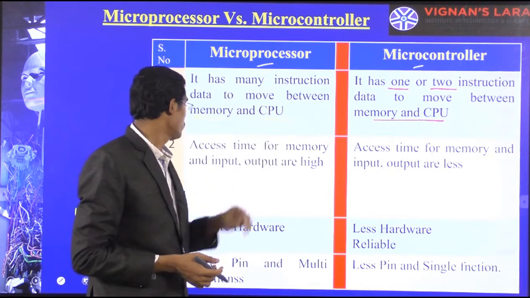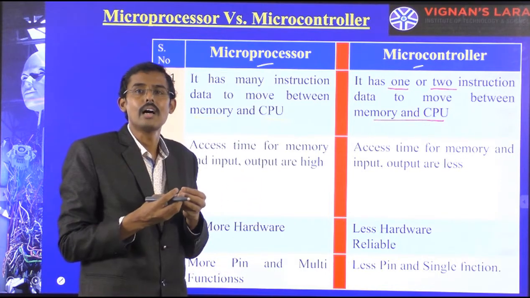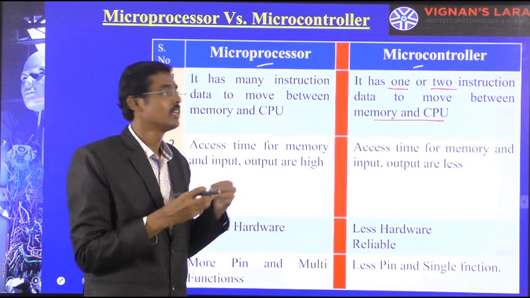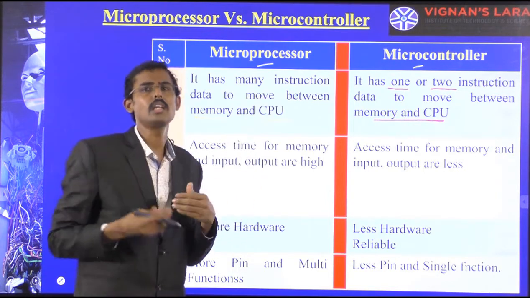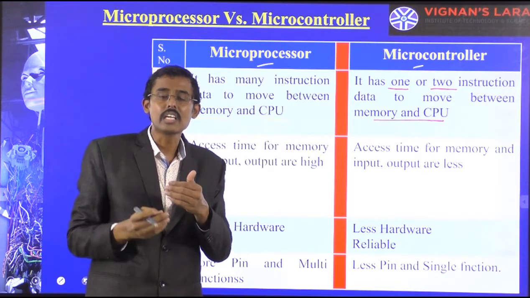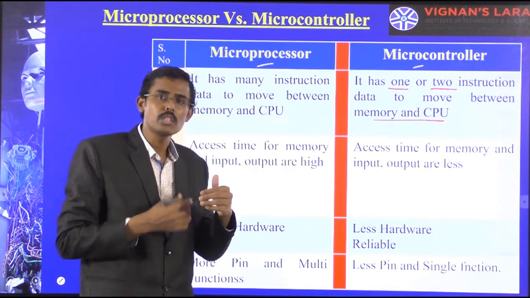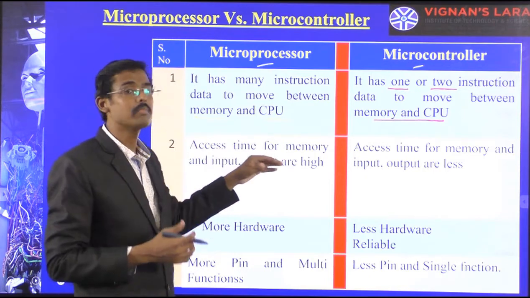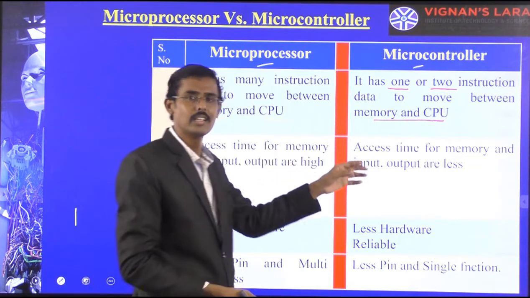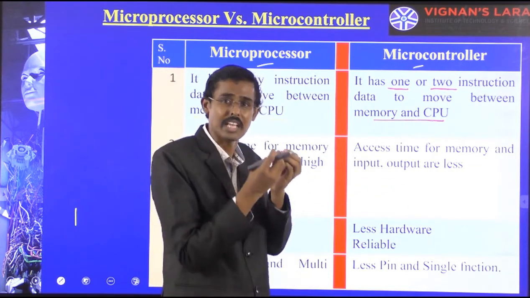Access time for memory and input output is very high. It takes somewhat more time to respond as we are giving more inputs to it. Accordingly, we now use the latest processors, i5, i7s, and increase the RAM capabilities, and therefore access time, which was high, is now reduced and responses are quicker. But in the microcontroller, the response time is very quick.